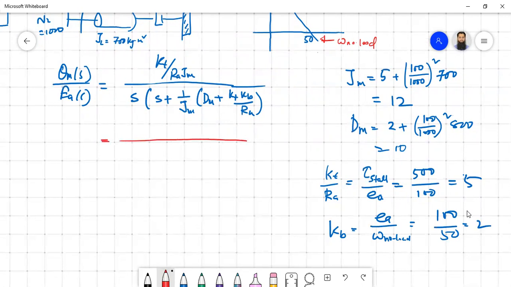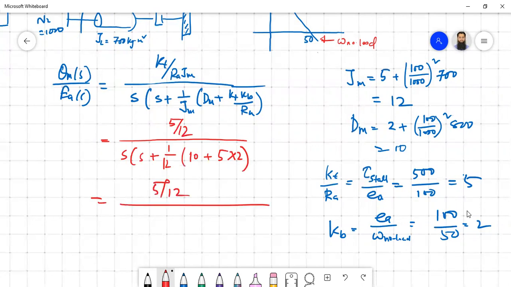So Kt by Ra is 5, Jm is 12, so it will be 5 by 12. Then you have S plus 1 by 12 into Dm, which is 10, plus Kt by Ra, which is 5, and Kb, which is 2. So basically what we are going to get is 5 by 12, then you have S plus 1, 20 divided by 12.